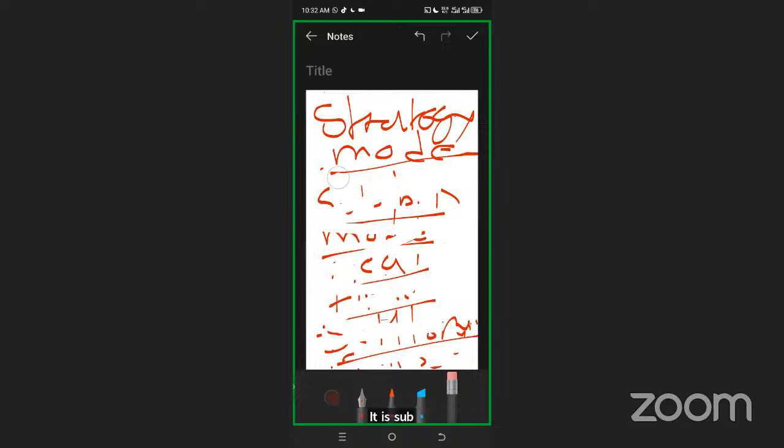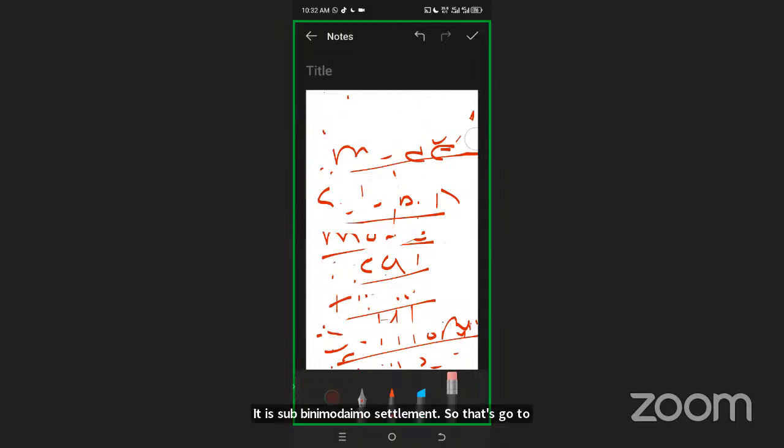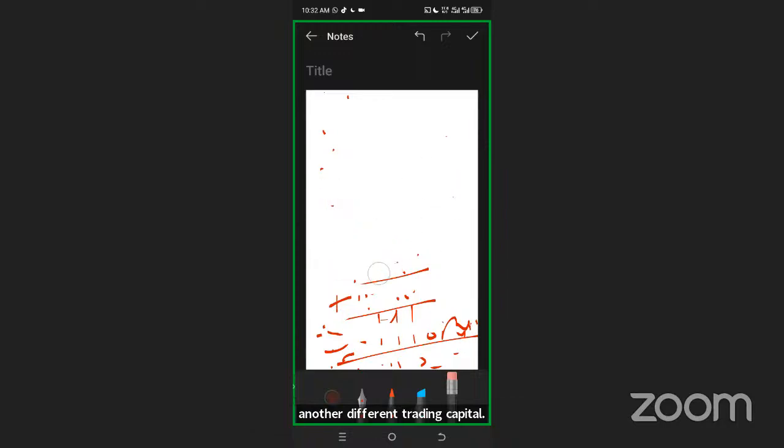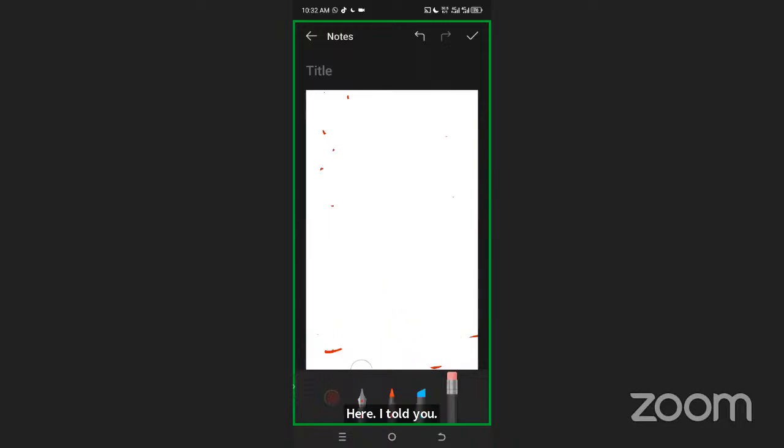So let us go to another different trading capital. The issue here, I told you, is understanding the calculations, because if you understand the calculations, you can calculate with whatever capital you have.